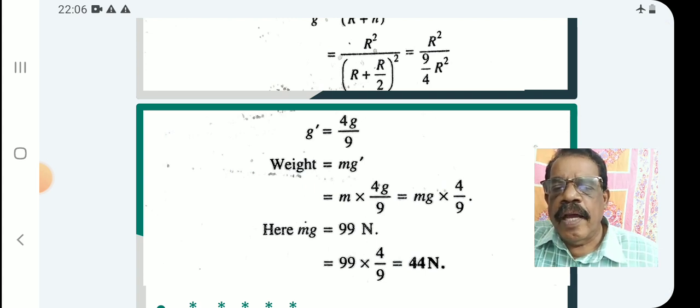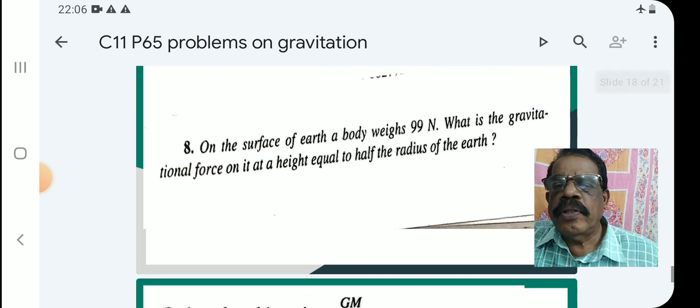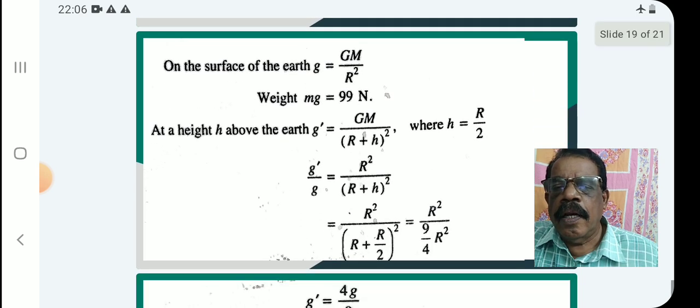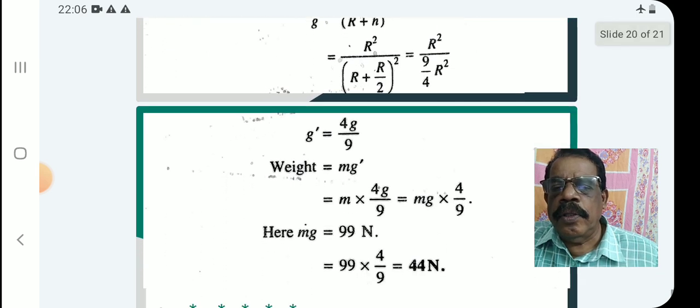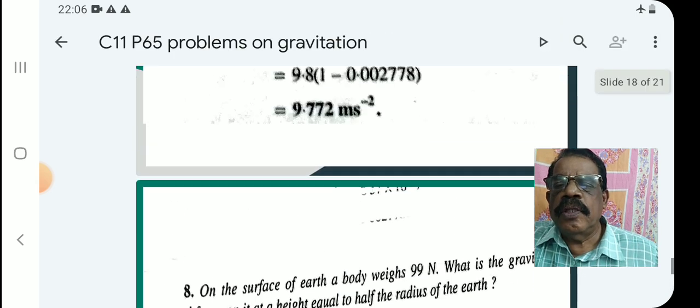So 99 into 4 by 9, 44 Newton. So on the surface the weight is 99, and at a height h equal to R by 2 the new weight is 44.